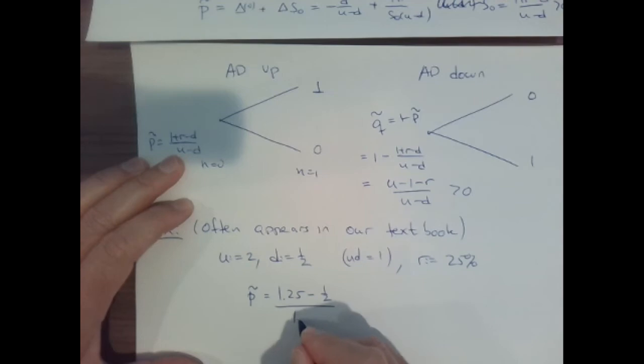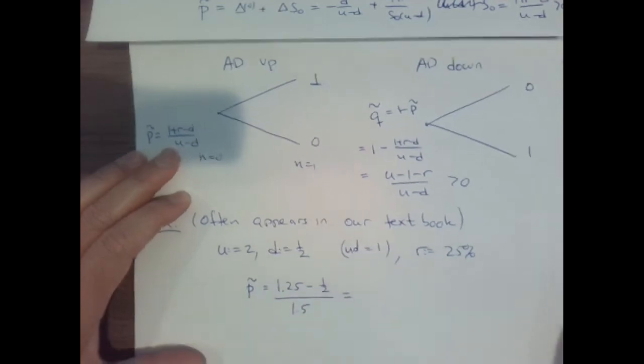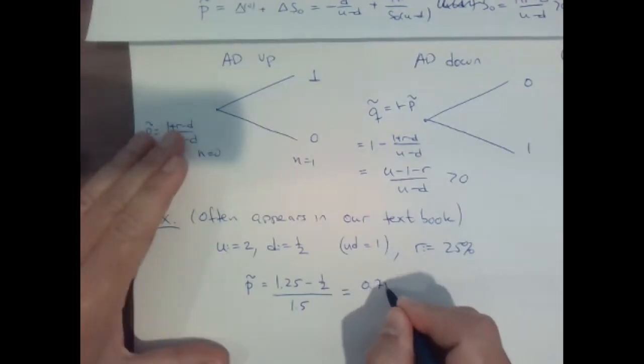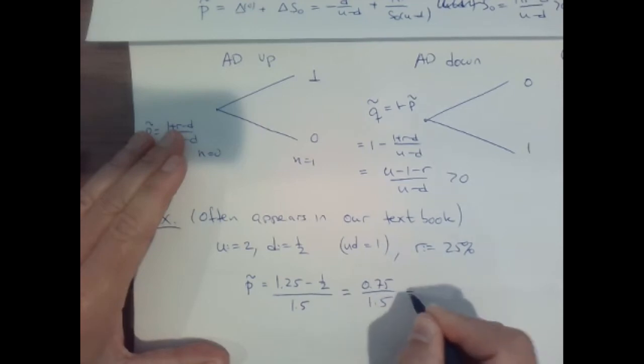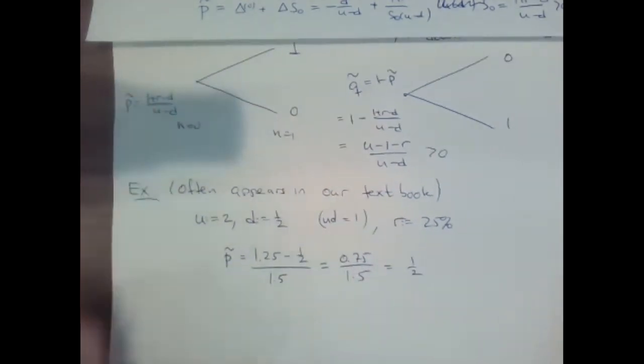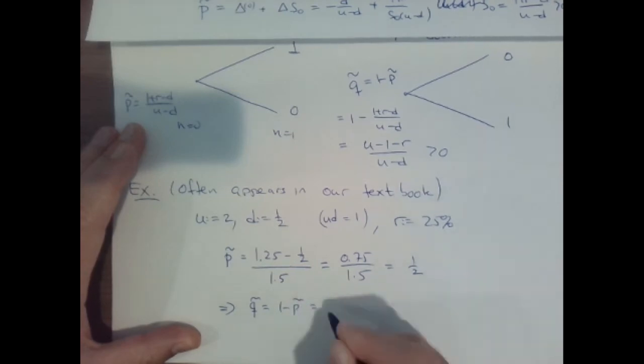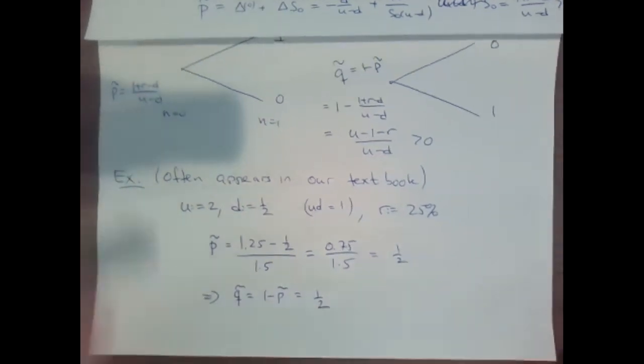This is 1.5. So what do we end up with here? We end up with 0.75 divided by 1.5. This is exactly a half. And then that immediately implies that Q tilde, this is 1 minus P tilde, is also a half.